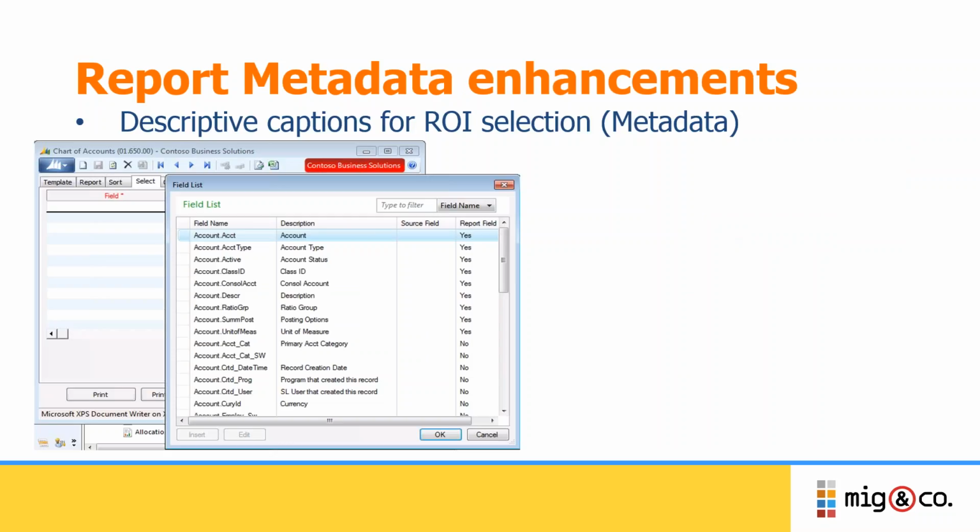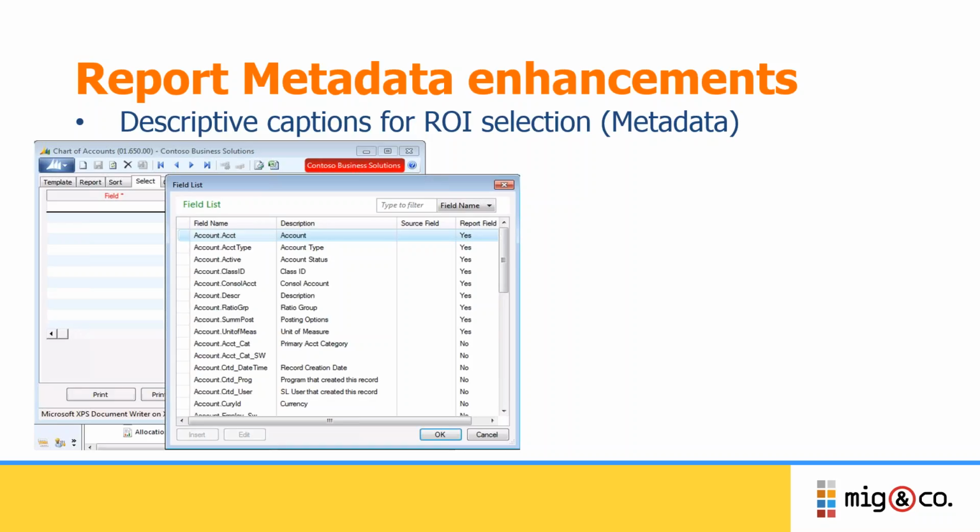Okay, one of the really, really nice things that we've been doing over the years: we've had a lot of questions about pulling up a specific report, hitting that select tab, and going into the F3 button on the first field, and it gives you a field list.